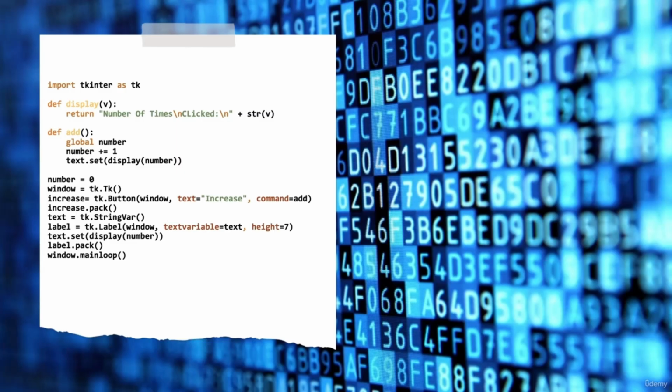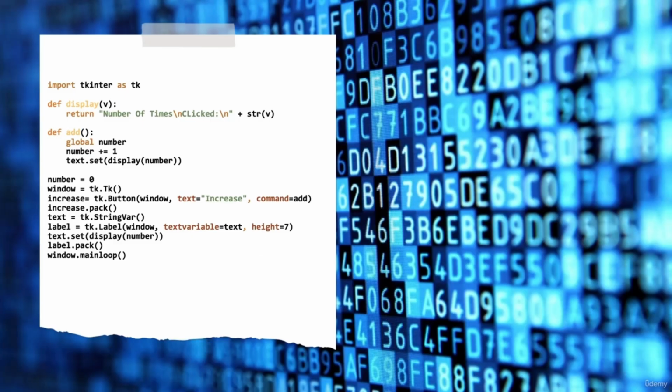Next in line is the Label widget, and as you can see, a textvariable property will be utilized, which will be assigned a text variable, which of course stores the StringVar class observable variable. I will set the height of the label widget at 7.